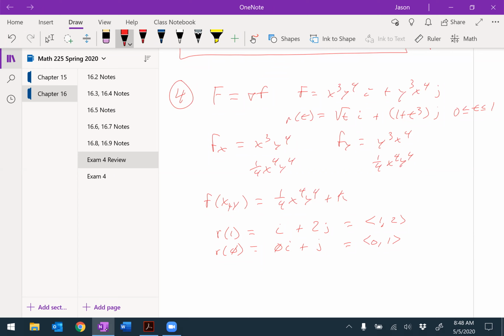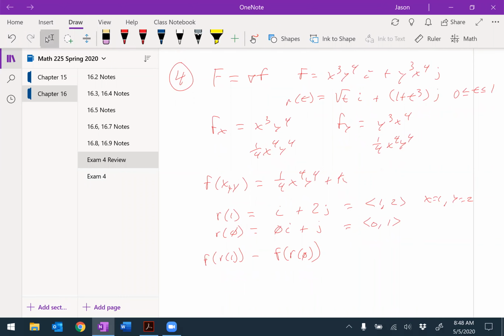Okay, so what we want is f of r of 1 minus f of r of 0. Well, for r of 1, x equals 1, y equals 2, right? And so what was our parent function? Our parent function was 1/4, x is 1, so that's 1 to the 4th, times y is 2, so that's 2 to the 4th, minus, let's plug in 0, 1 now.